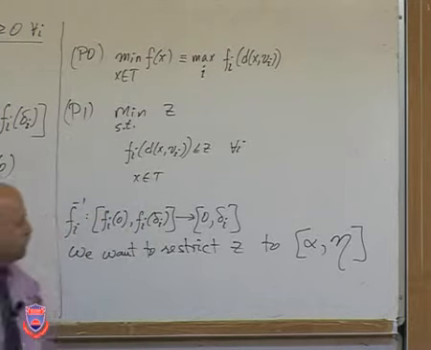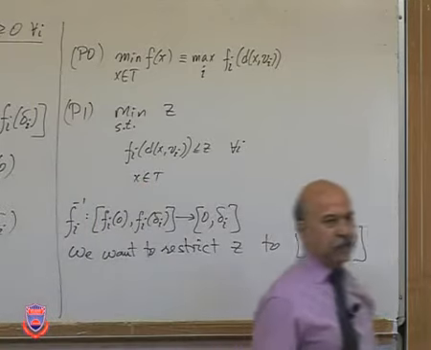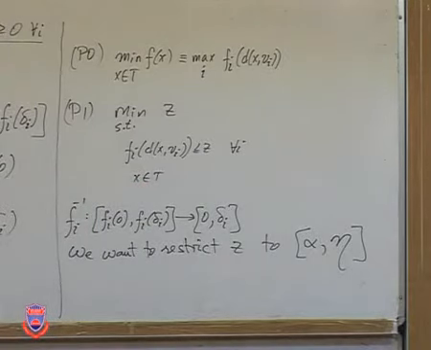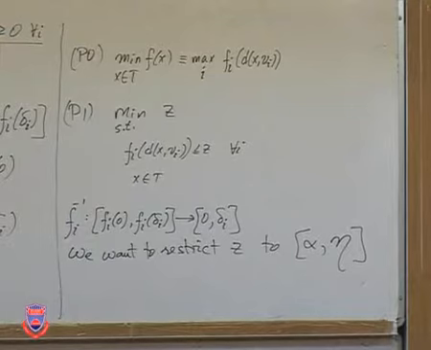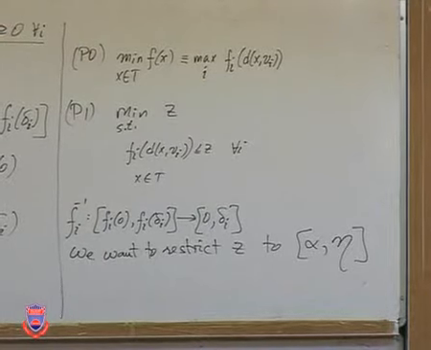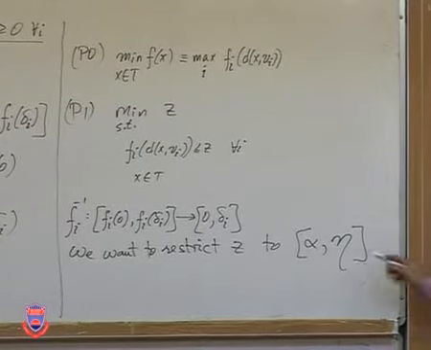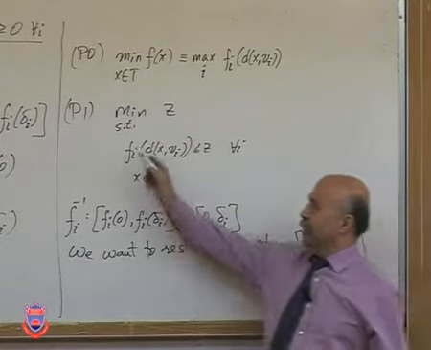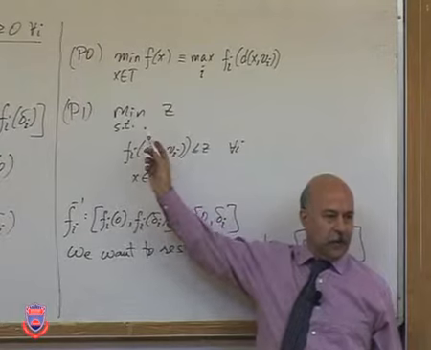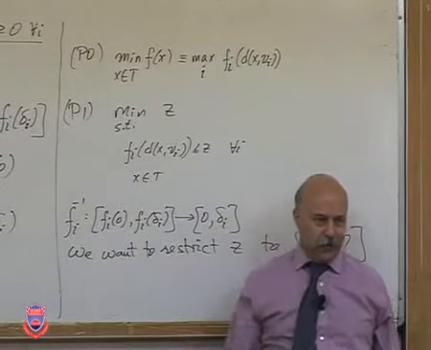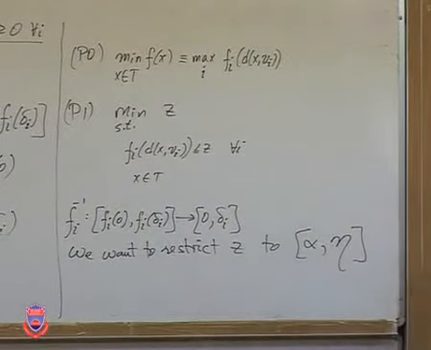Okay? So the question is, does this restriction change optimality? Does that make you suboptimal? When you have an additional restriction, of course, you cannot get any better than the unrestricted problem. You can only get worse or stay the same. You want to stay the same.